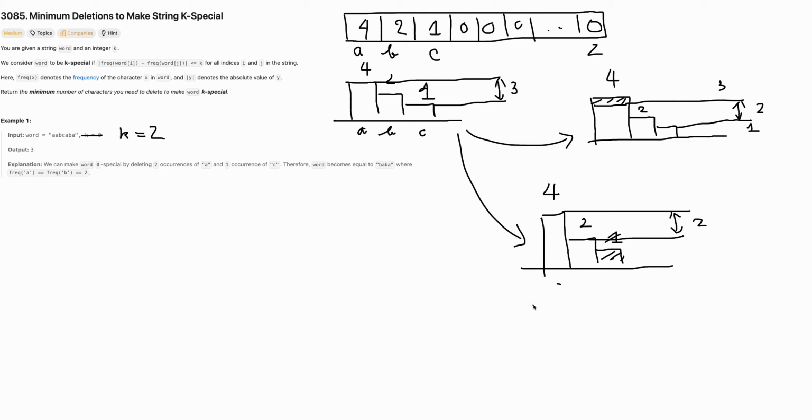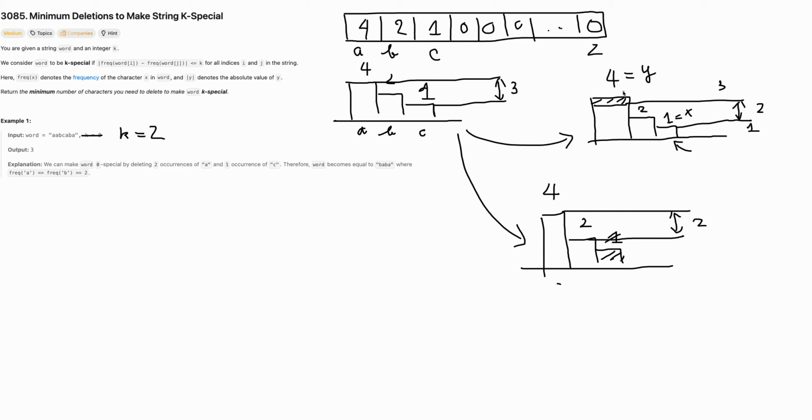Okay, so from these two approaches, we have something to do. For the first approach, let's say that this one is the lowest frequency, right? Let's say the frequency of this one is x, and this one is y.